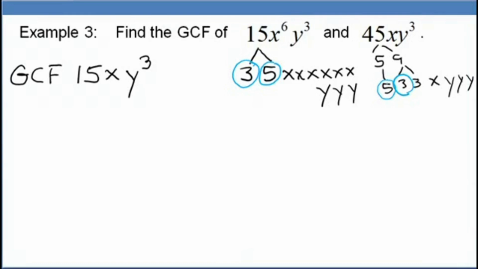For our x's, we can only take one x because that's all that's in the second one. And for the y's, we have 3 in both. So the 3 times 5, we just multiply those back together. That gives our 15, 1 x from each one, and 3 y's for a y cubed. So 15xy cubed is our GCF.